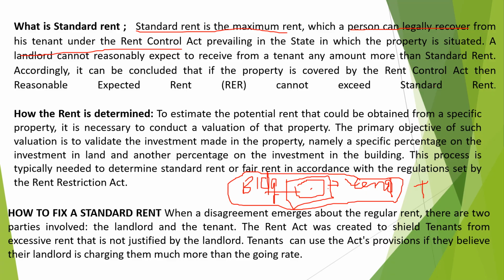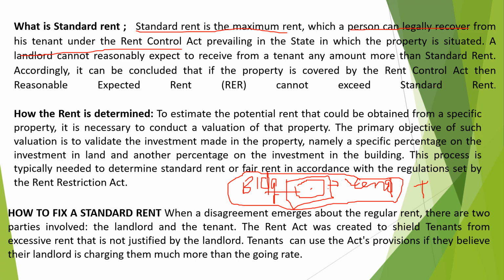When you give some property on rent, you have to pay certain taxes, you have to pay insurance for the building, you have to pay for the maintenance and repair of the building, you have to pay municipal taxes and other things. All these things you have to recover from the tenant.